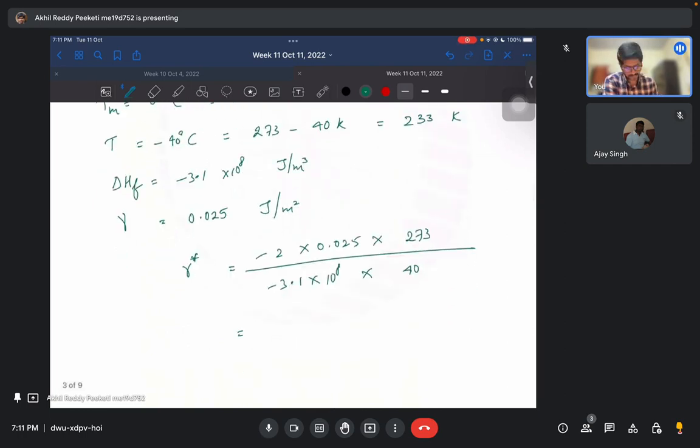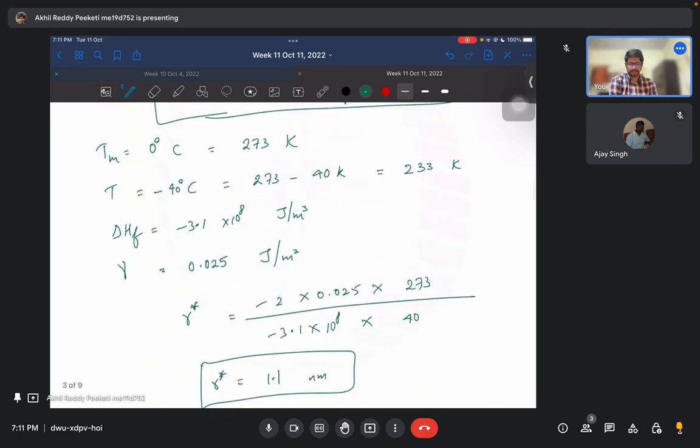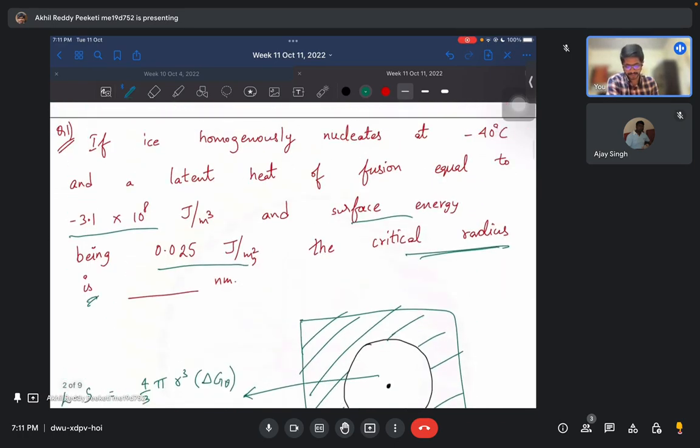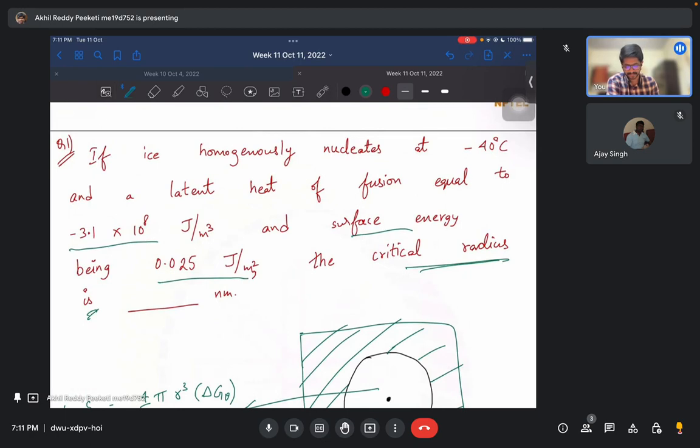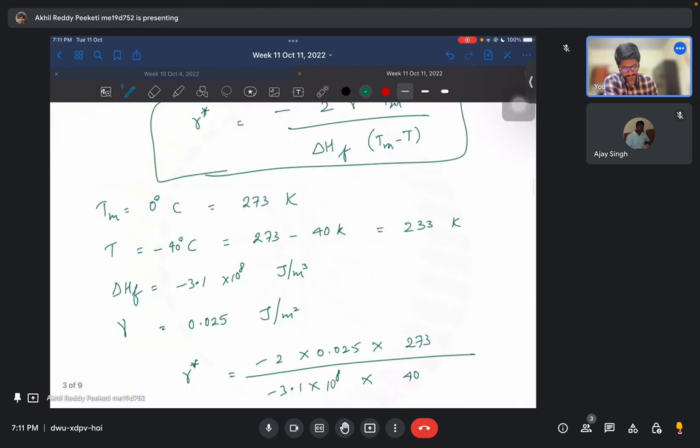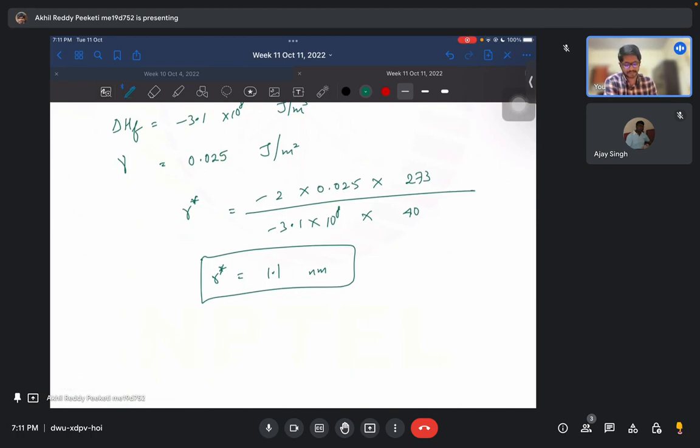Now if you substitute all these values, you would get around 1.1 nanometers. So this is the critical radius for the nucleation for ice with these given conditions. So this way, we have looked at ice.